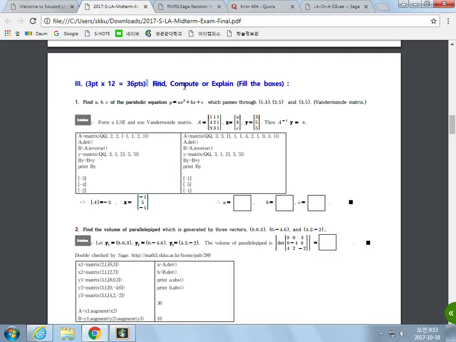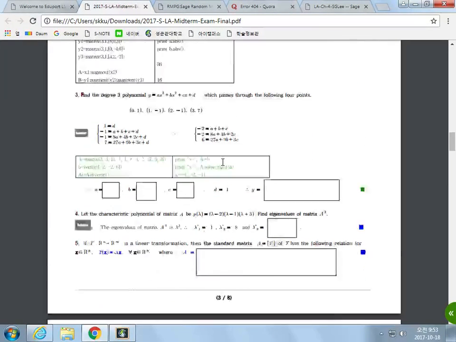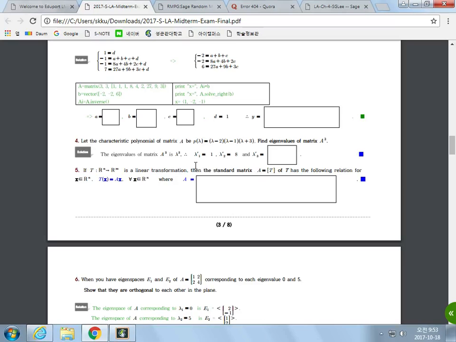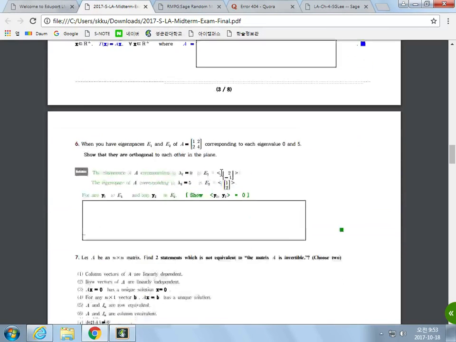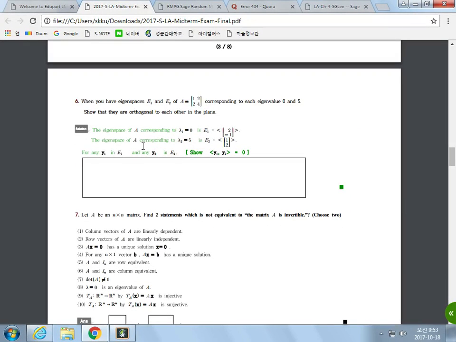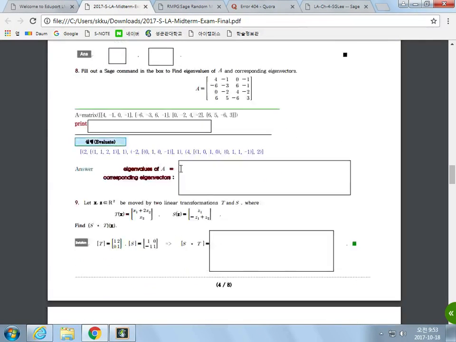And so computations and how to explain, how you can get it, what this means and such and such. Explain. I will not ask you to prove something, but I will ask you to explain how you're going to find the solution, how you did get the solution, like this. Explain. With boxes.